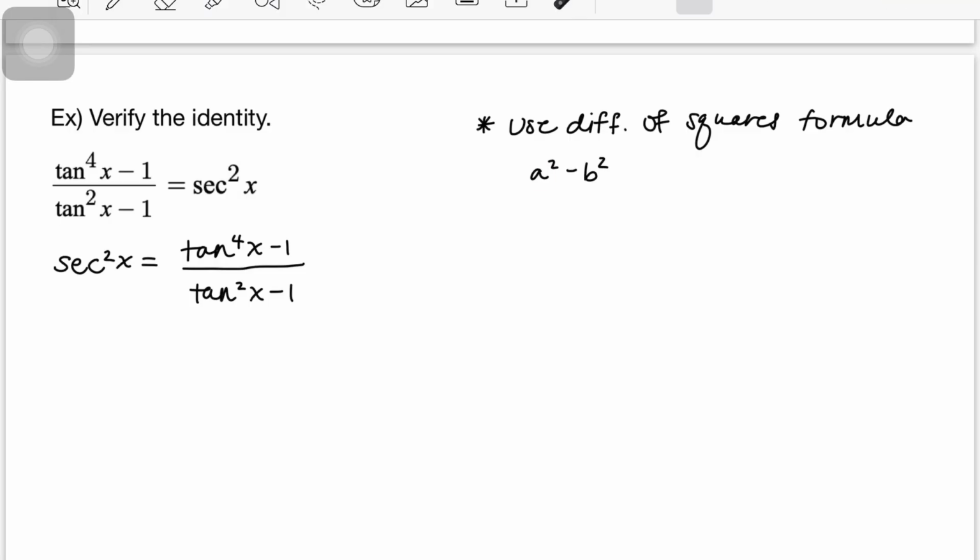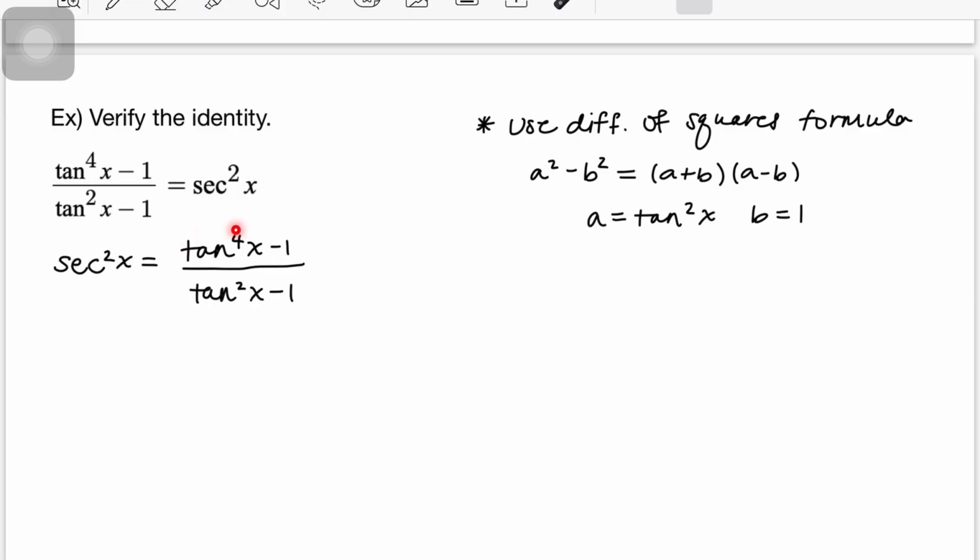If we have a squared minus b squared, we can factor this into a plus b times a minus b. And in this case, a is going to be equal to tangent squared x, and b is going to be equal to 1. And that tracks here. We have a squared, so that would be tangent to the fourth x, minus b squared, which is just 1 squared.